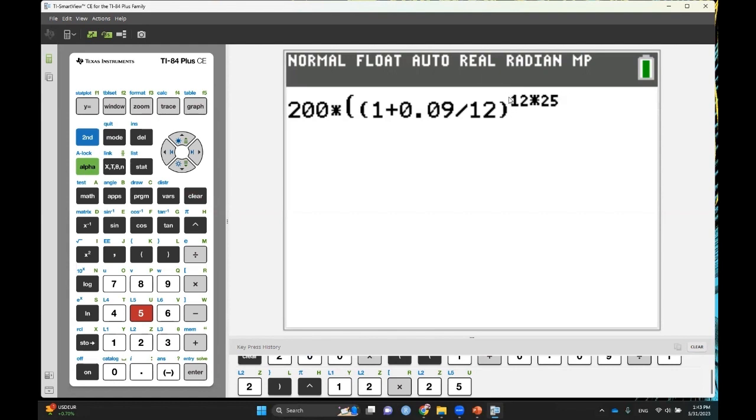If that is the case, you need to add a parenthesis around 12 times 25. It's really based on your calculator, whether you need to add parentheses or not, because my cursor already put in the exponential position, so that automatically enforces the parentheses. In that case, I don't need to add parentheses.